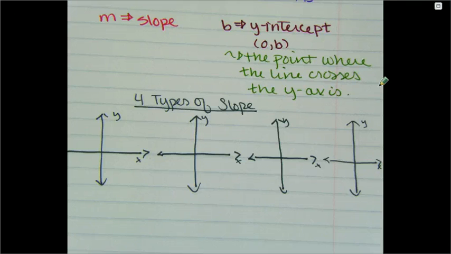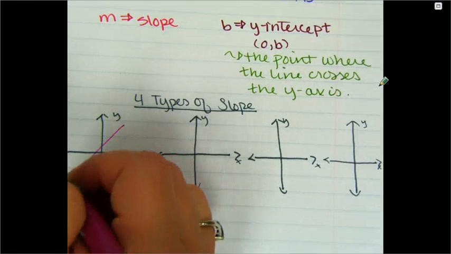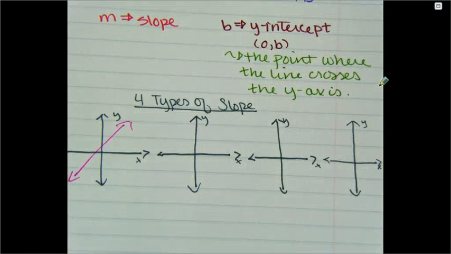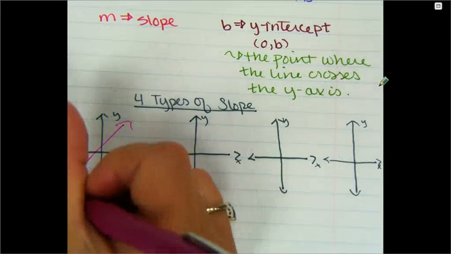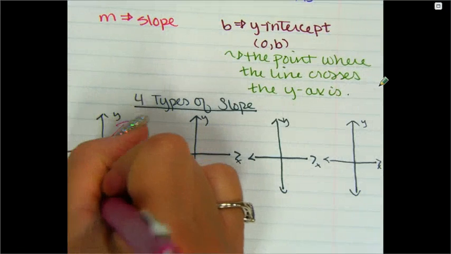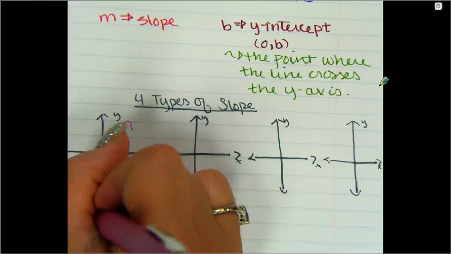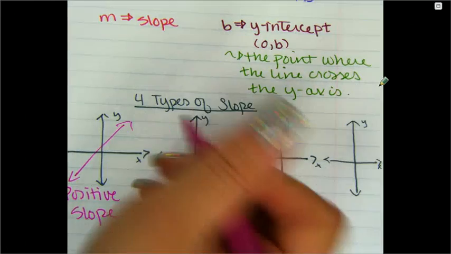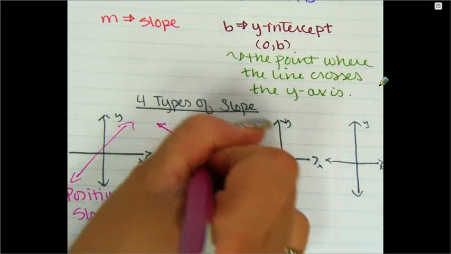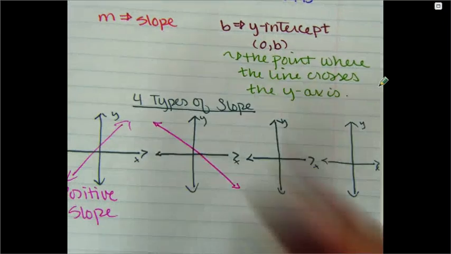All right, ready to identify your 4 types of slope? What kind of slope is that? Positive. How do you know it's positive? Because it's going up. So if we have positive, the opposite of positive is? Negative slope.